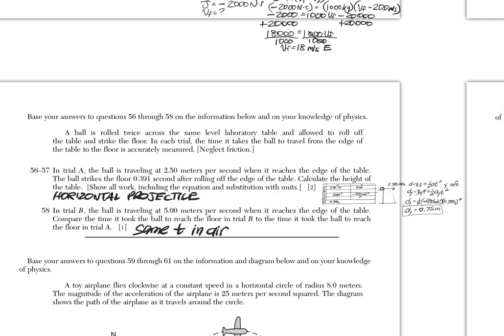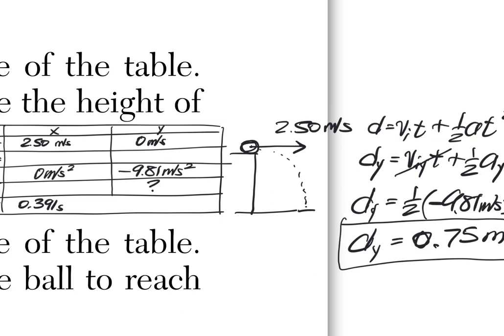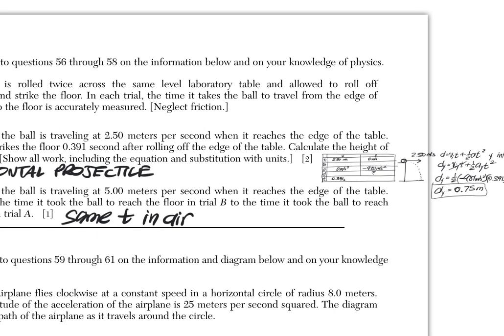But I'll explain it. So if we have a ball rolling off of the table and it rolls faster, instead of going 2.5 meters per second, it goes 5 meters per second, that doesn't change the vertical information. And the time in the air, there's no change in the vertical information.